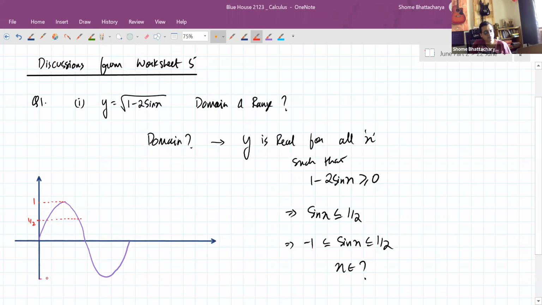The rest of it is fine. So if this is the graph of y equal to sine x, we want to remove that part of the domain where this is happening. We are fine with this part, this part.